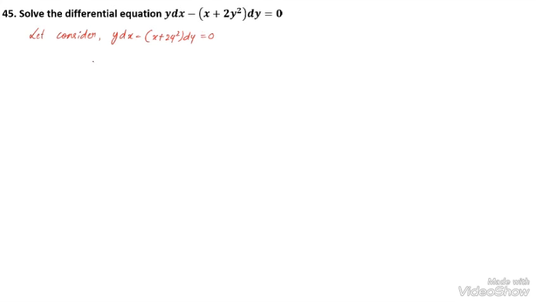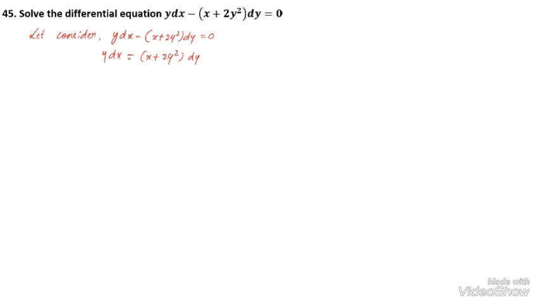Okay, now to solve, separating dx and dy on separate sides. So y into dx, taking the minus term to the right side, it becomes plus x plus 2y square dy.